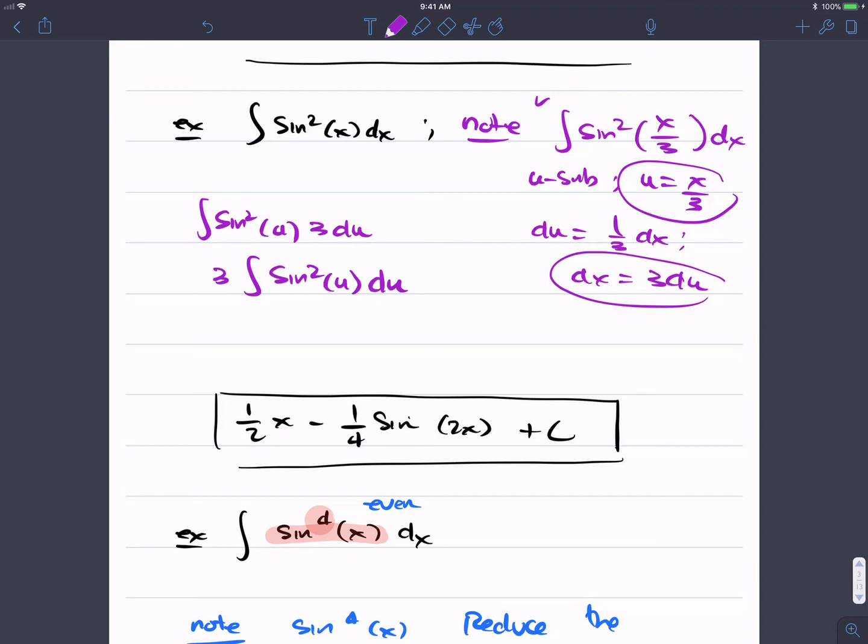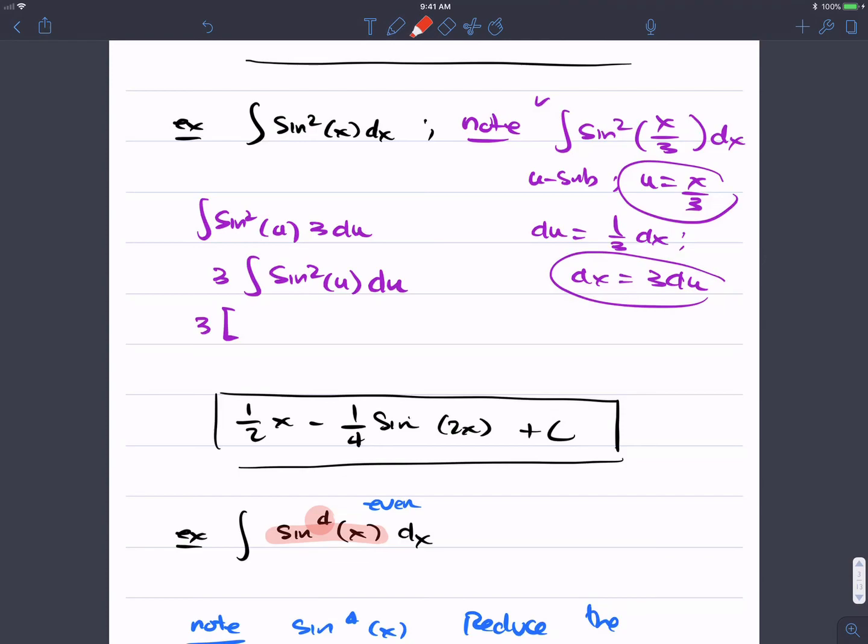Let's get back our computer here. And so we might want to talk about what happens here with this u now. So u is x over 3. And so now I got 3 times, this is the answer here, but in terms of u.